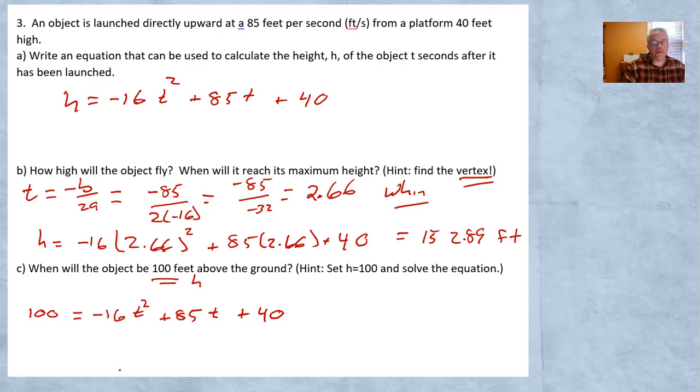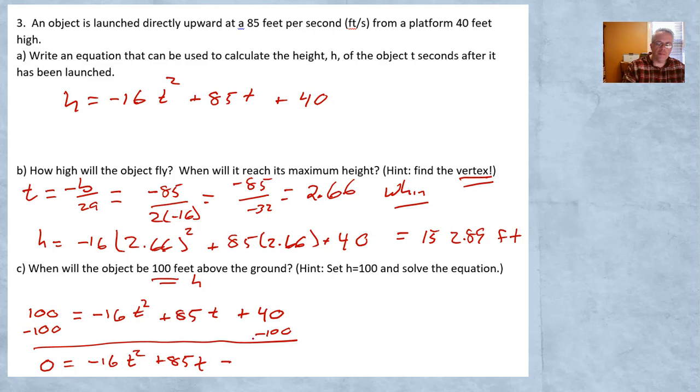We have to solve this, and so hopefully you're thinking quadratic formula. But to do that, we have to subtract 100 from both sides first. We have to put it in standard form. So if I do that, I get 0 equals negative 16t squared plus 85t minus 60.